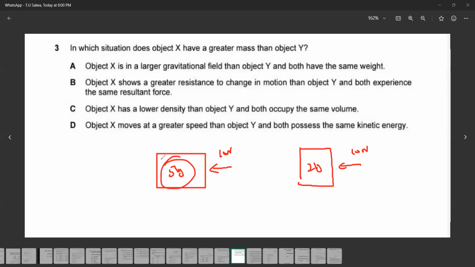The object which has more mass will show a greater resistance to the change in motion. So if object X has a greater mass, it will show a greater resistance to the change in motion. It will be difficult to move, or difficult to stop. Is it clear?